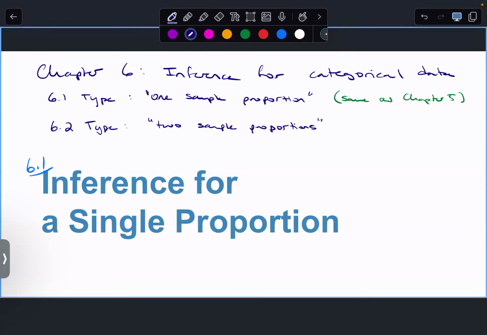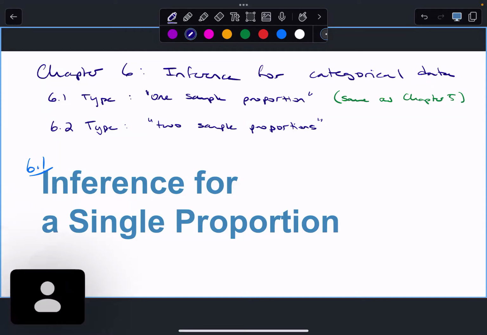That's the first time that we're going to introduce a new type of question. We're still going to build confidence intervals and do hypothesis testing. All the same rules apply. And so that's nice now that we've learned some rules of the road.